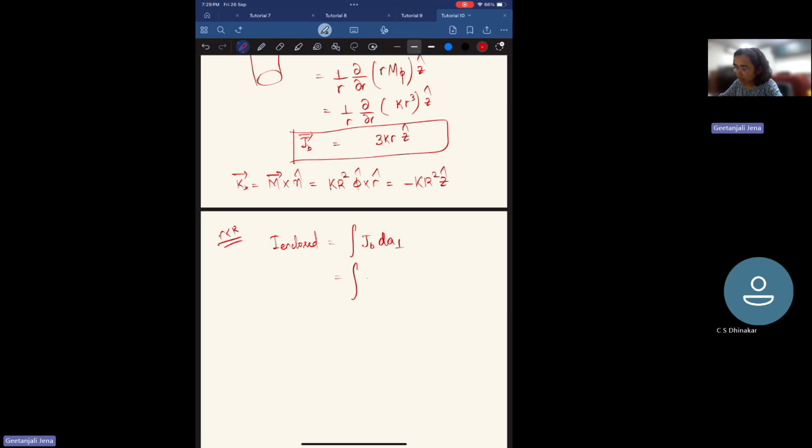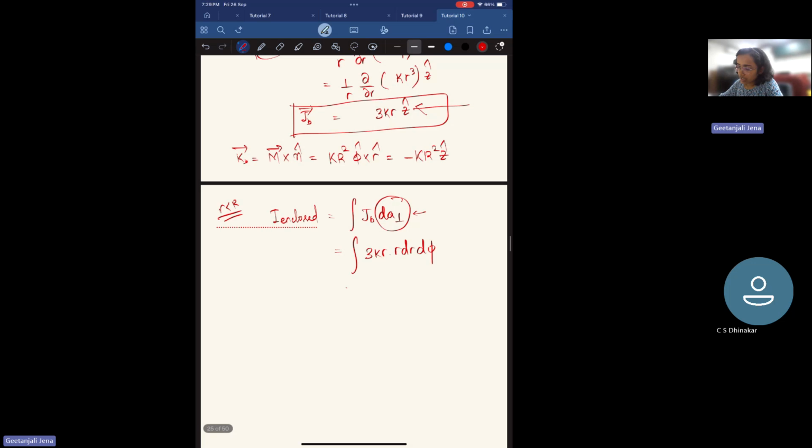J_b is 3k r, and the volume current density points in the Z direction, so we take the area element in the Z direction, r dr dφ.